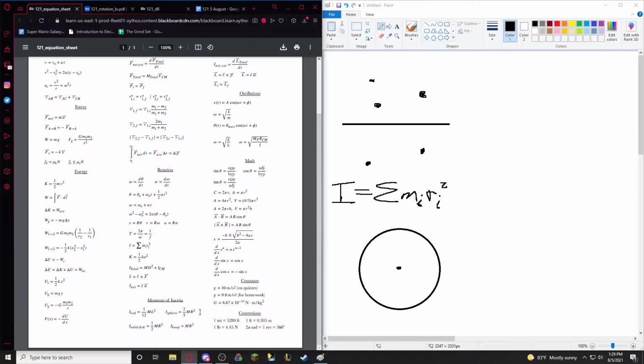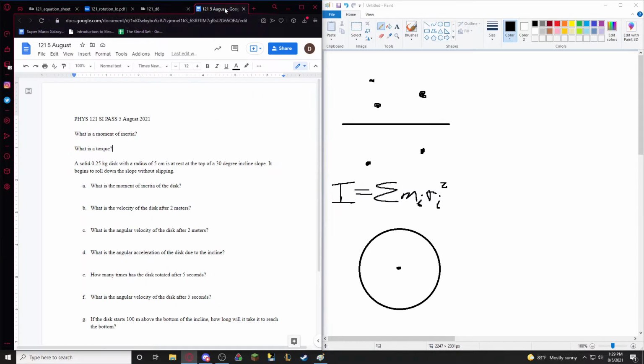But if you take any higher level physics or engineering classes, you'll start to see some of these derivations. It's sort of fun, but it's not too complicated. We don't cover it in this class. So essentially, a moment of inertia is a way of defining how much "resistance" something has to rotating.